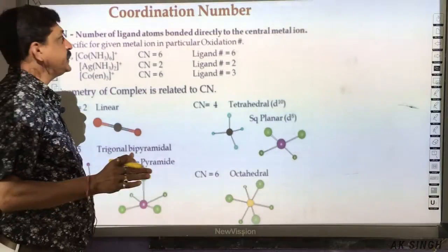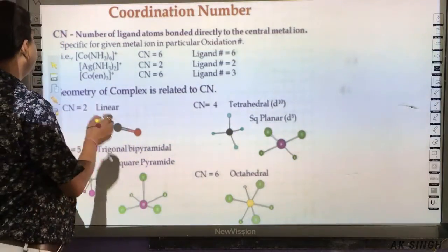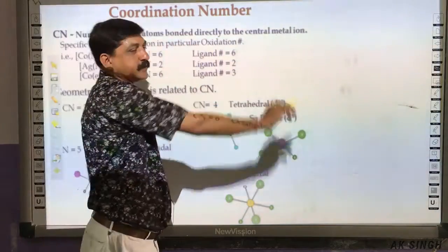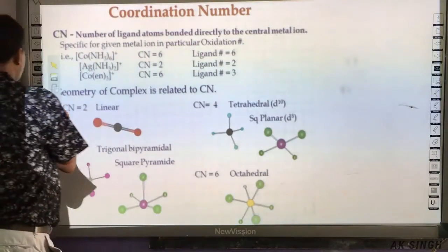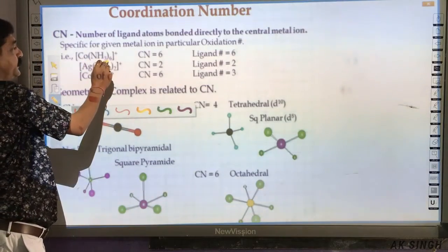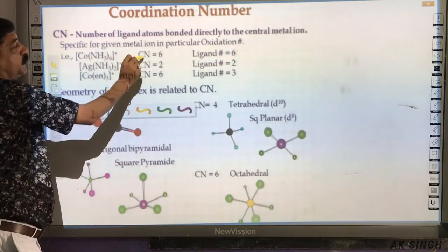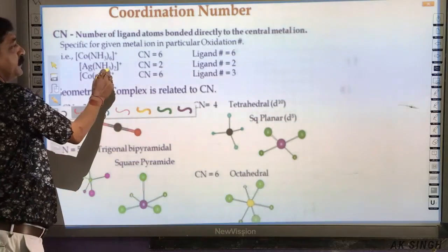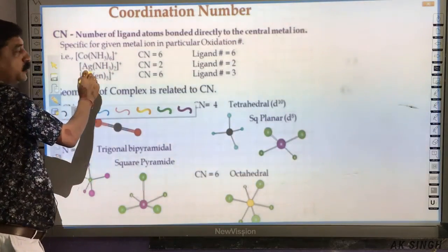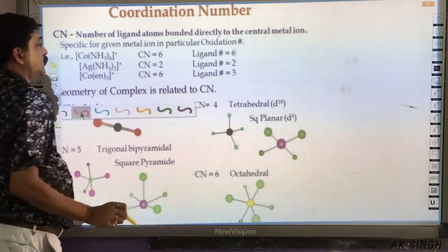Now another entity, that is coordination number, I have explained earlier. It is the number of ligand atoms bonded directly to the central metal atom. Now see the examples. Co(NH3)6, so 6 will be the coordination number. In this example, there are two ammonia molecules attached to silver, so the coordination number will be 2.